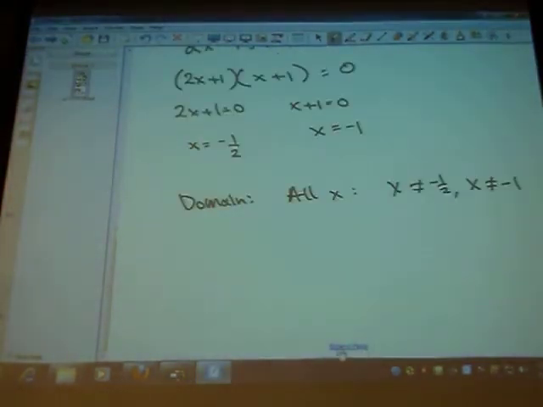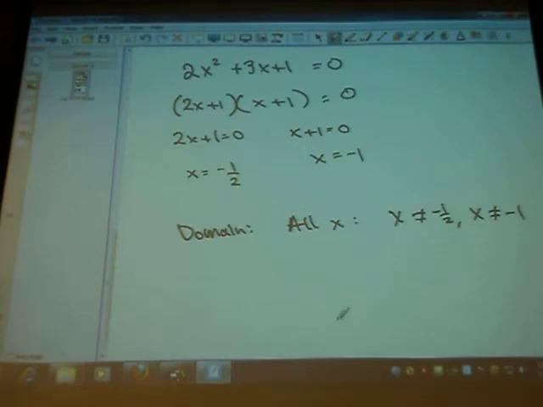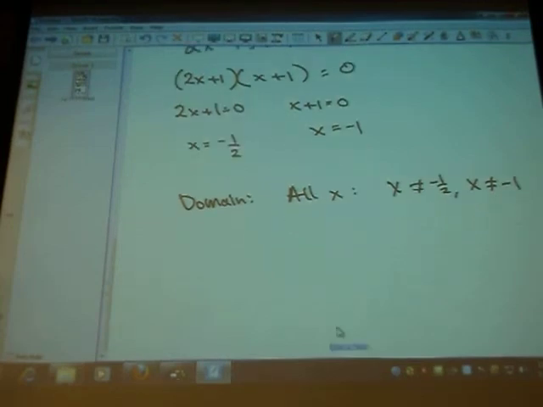Okay, so for the domain, you always want to set your denominator equal to 0 and solve for x.